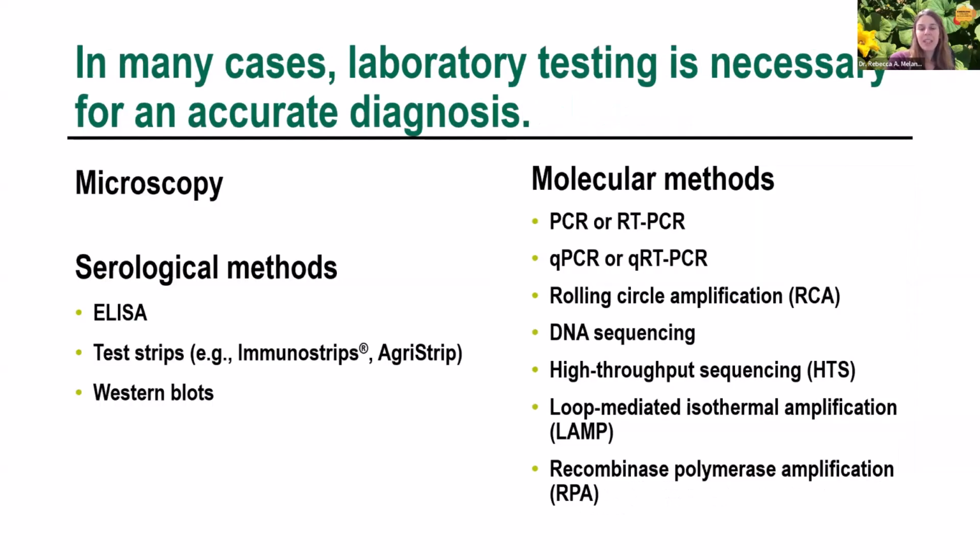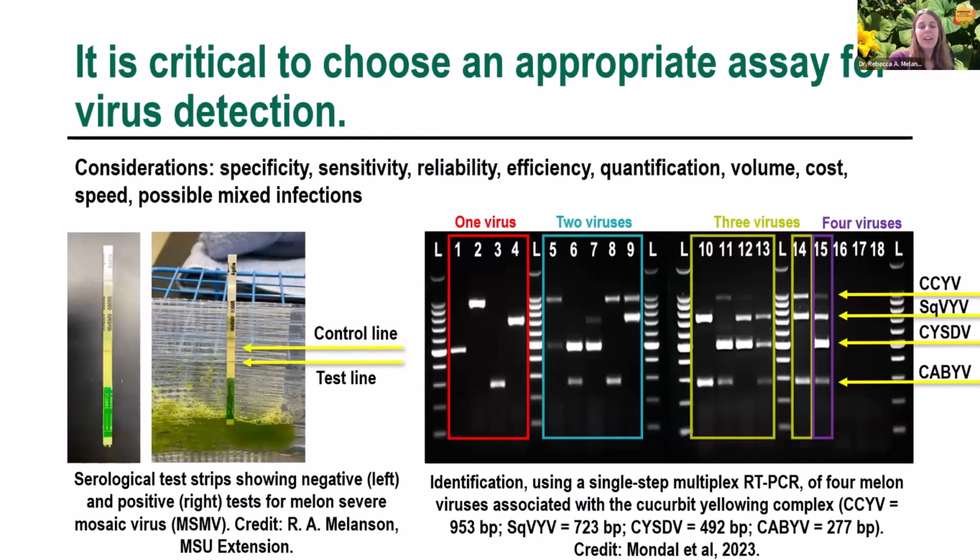That being said, in many cases, laboratory testing is necessary for an accurate diagnosis. Many of these diagnoses require either serological methods if they are available, or more molecular methods involving sequencing many times. It is important to know that choosing an appropriate assay for virus detection is critical.